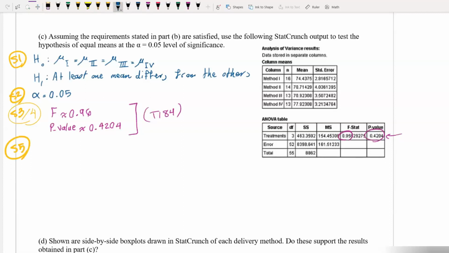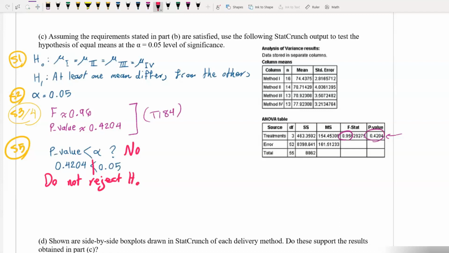Now, step 5, reject or not. If the p-value was less than alpha, you're going to reject. If it's not less than, do not reject. This 0.4204 is not less than 5%, so the answer is no, meaning do not reject. Step 6, the conclusion.